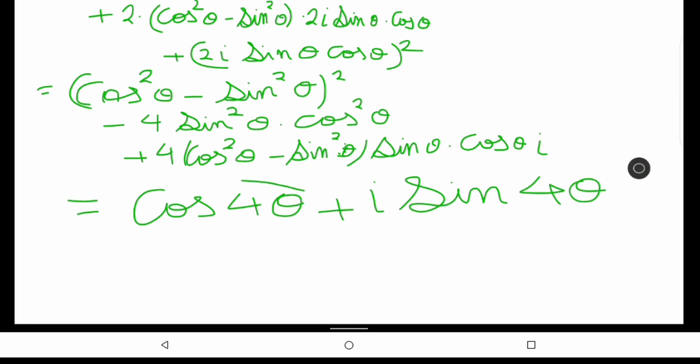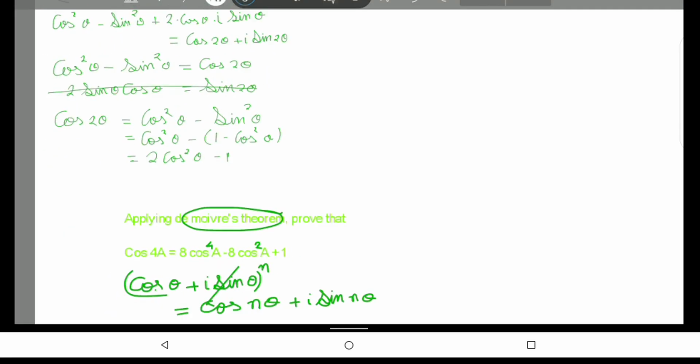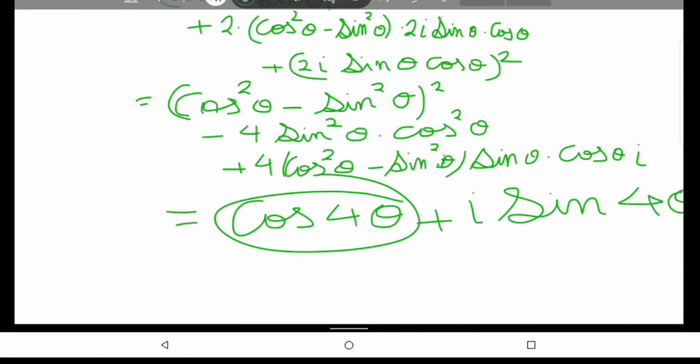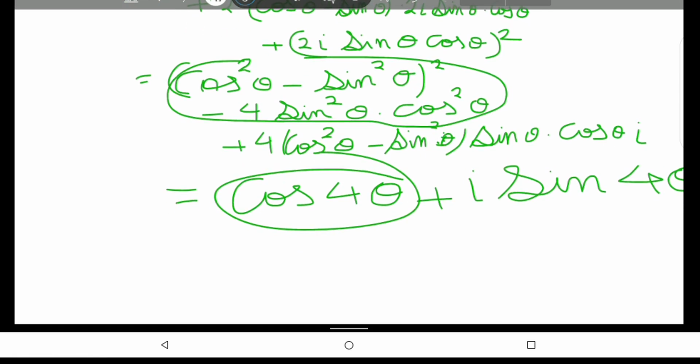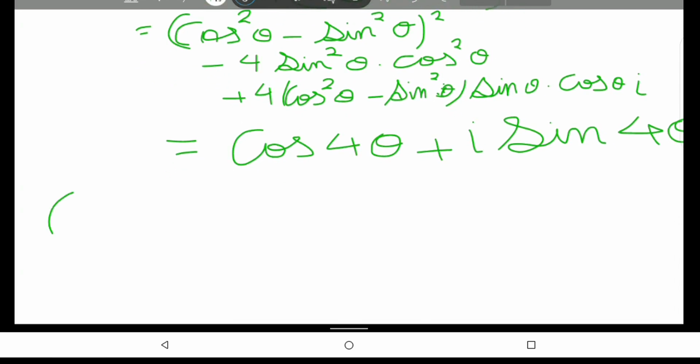So we compare real part and real part to get the expression. Of course, if we compare imaginary part and imaginary part, we get something more. Let's compare real part and real part to get the required expression.